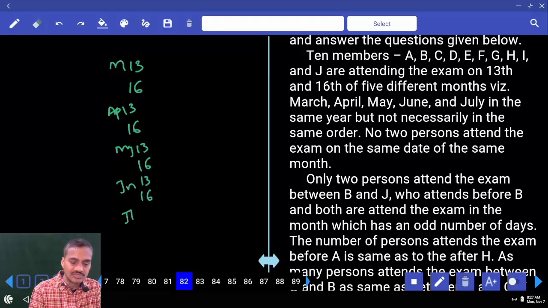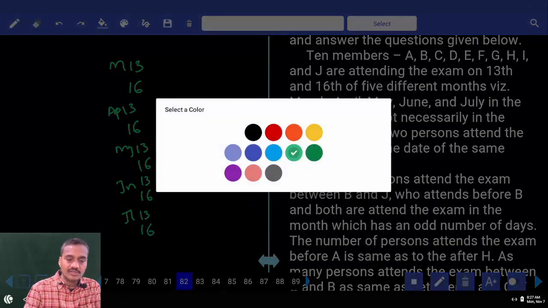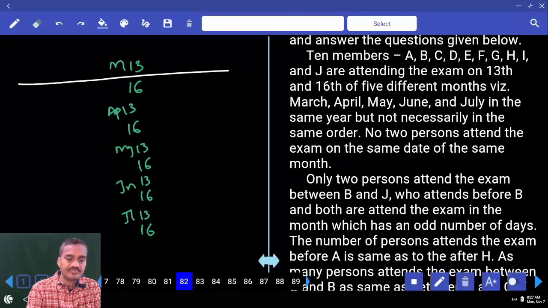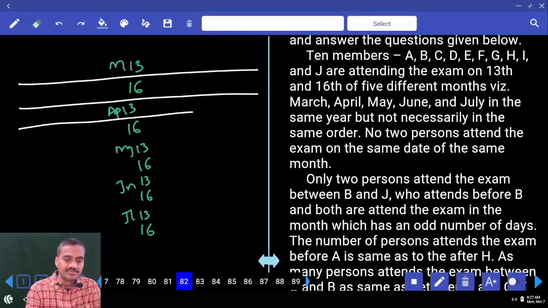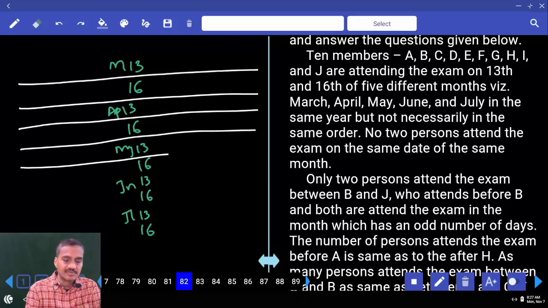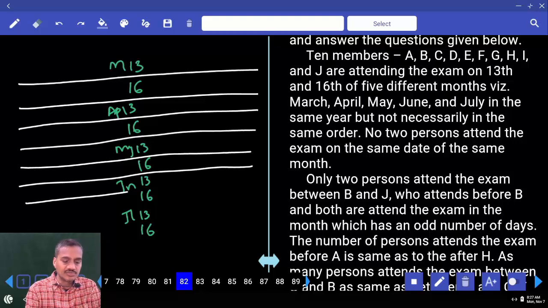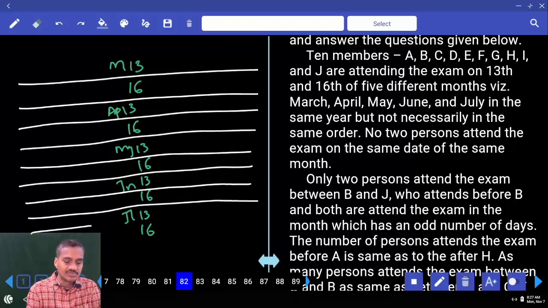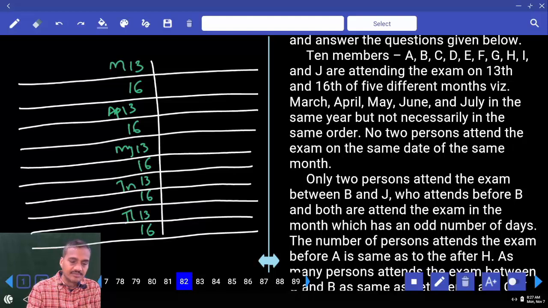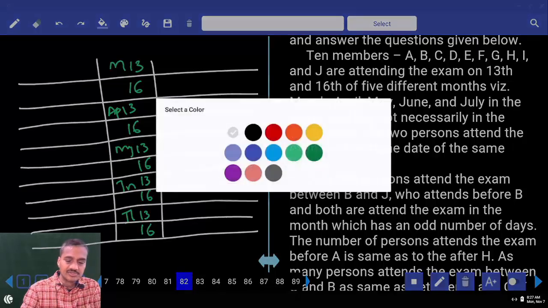And finally, July 13 and July 16. Now coming to condition number 1.